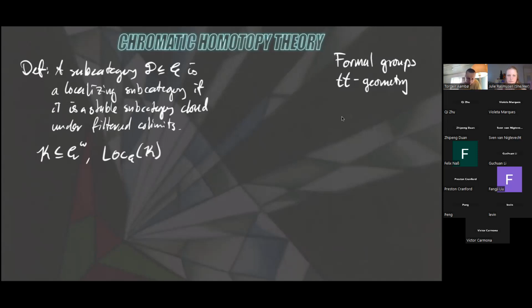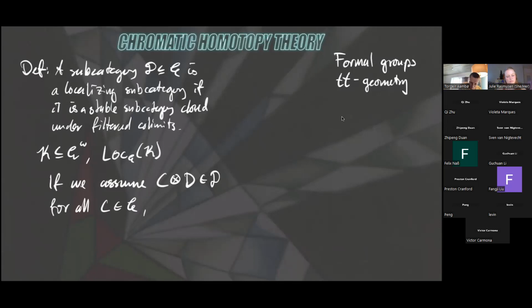We can also make this into a symmetric monoidal category by also assuming that C tensor D is in D for all C in C. So this is like having a sort of ideal property for subcategories or elements in the subcategory.